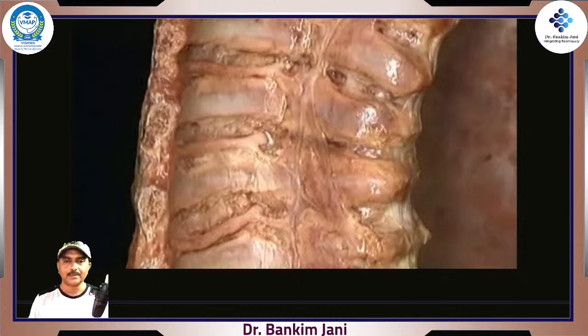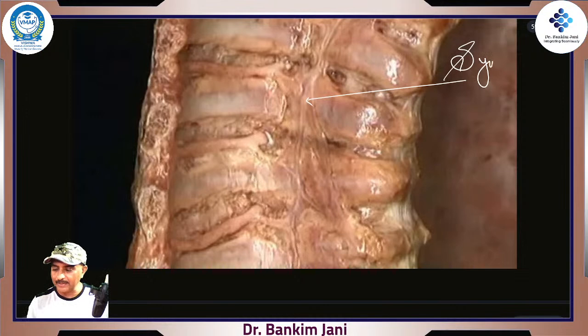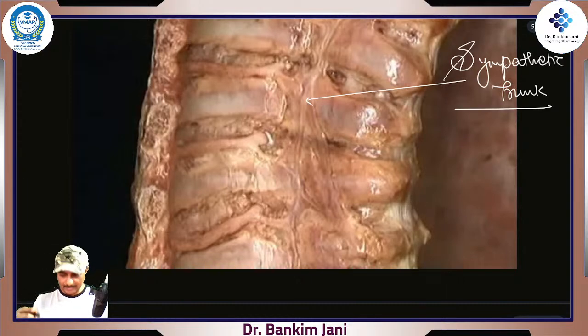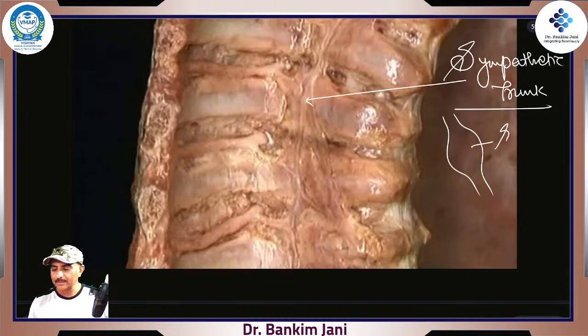This is great. This is the sympathetic trunk, right? In reality also, at times it is so difficult to see. But this is what is called the sympathetic trunk, and this sympathetic trunk is formed by sympathetic ganglia, right? So can we see ganglia? Yes, we can. See the bulging, right? Ganglia looks like this, and it goes like this. This is sympathetic ganglia or ganglion, right?